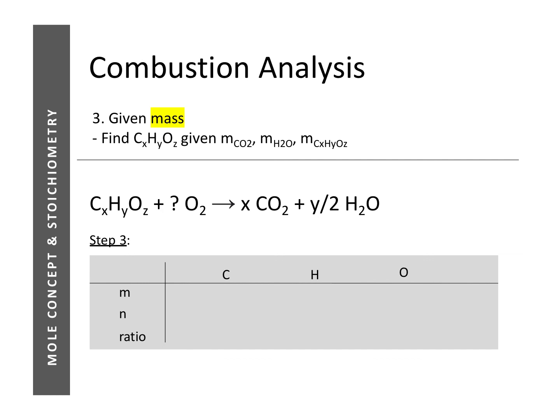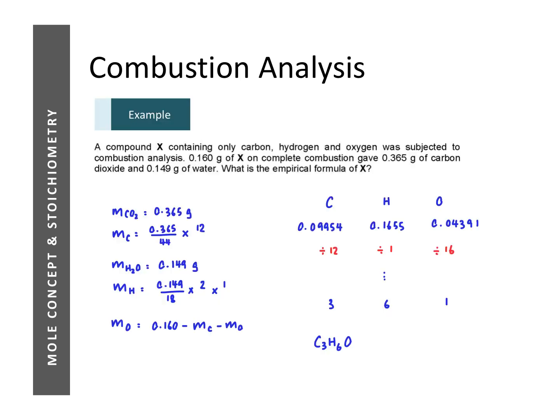First, we list down the masses of the 3 elements, then divide the masses by the atomic mass to find the number of moles. Then we find the molar ratio by dividing all the number of moles by the smallest value. That would give us the empirical formula of the organic compound.